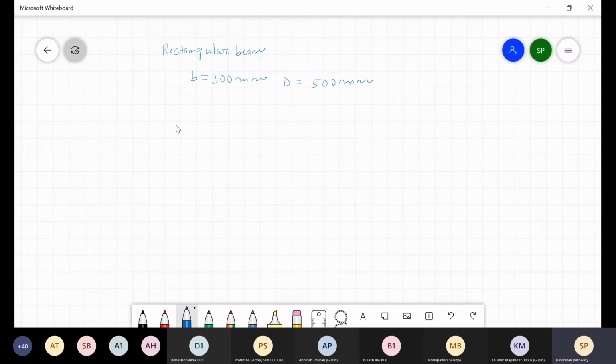Vu is given 350 kilonewton. Reinforcement is given: tensile 5 numbers of 25 mm bars. Grade of concrete M20, grade of steel Fe 415. And clear cover is given 25 mm.